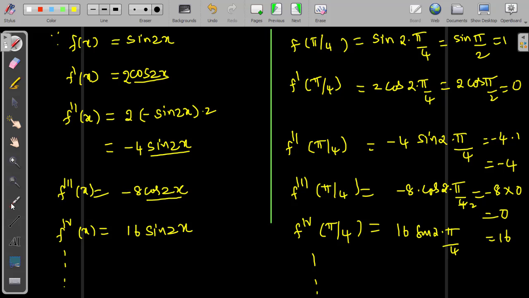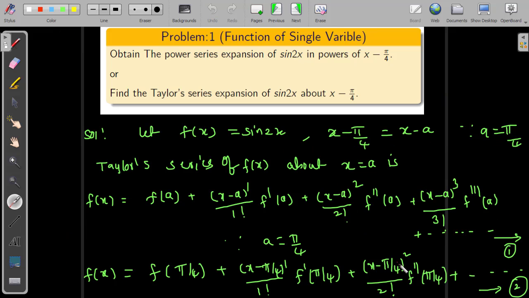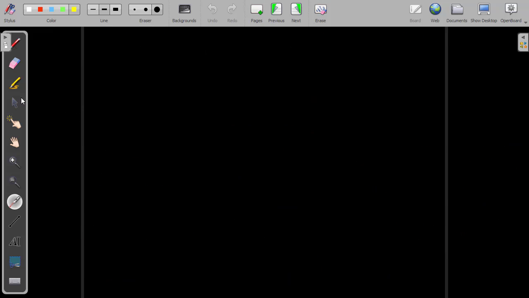Now we need to substitute these results, f of pi by 4, f dash of pi by 4, double dash, triple dash, and again the fourth derivative values, in equation 2. So the next step will be, therefore equation 2, which implies we have LHS.